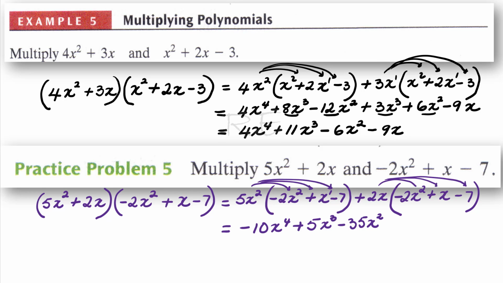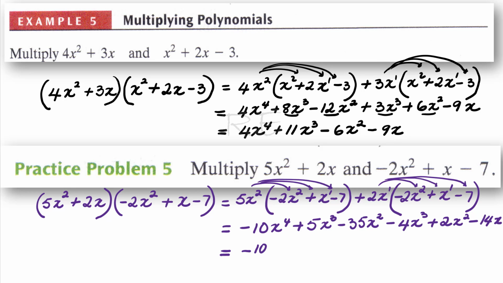2x times negative 2x squared, negative 4x to the 3rd. 2x times x, 2x squared. 2x times negative 7, negative 14x.